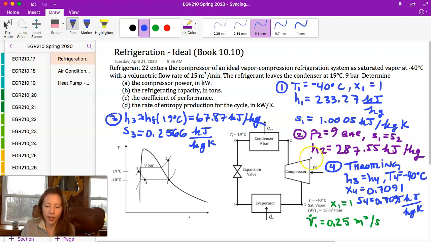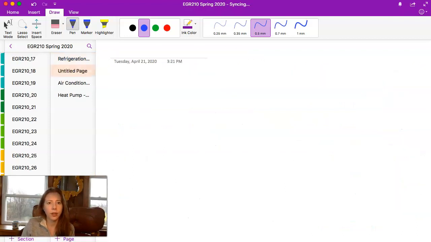All right. And so now let's go through and figure out the compressor power. Okay, so this is 1010.